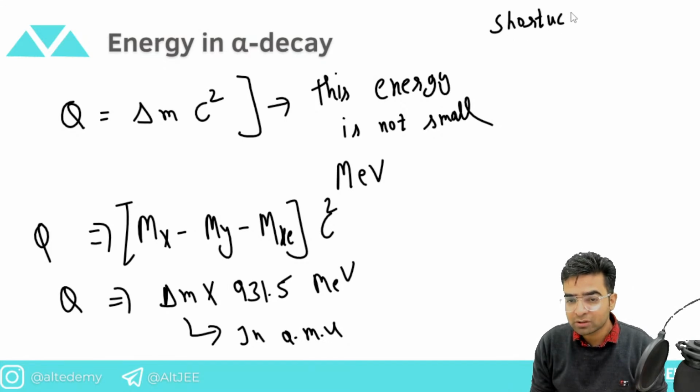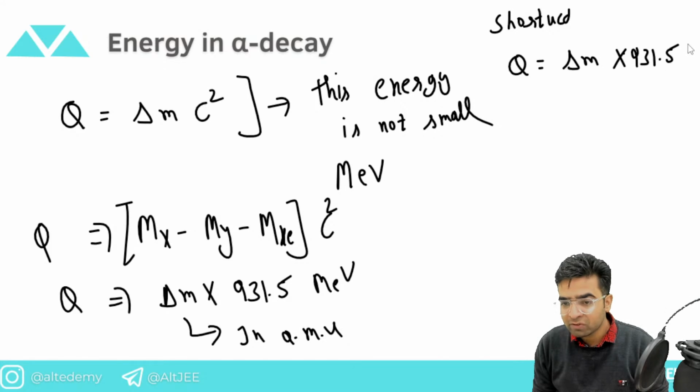Delta m, sorry, Q will be delta m c square, delta m into 931.5, and this will be in mega electron volt, where delta m is in atomic mass unit.